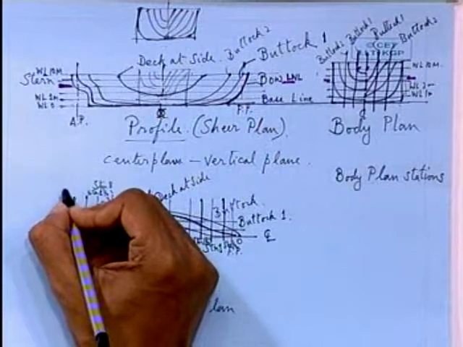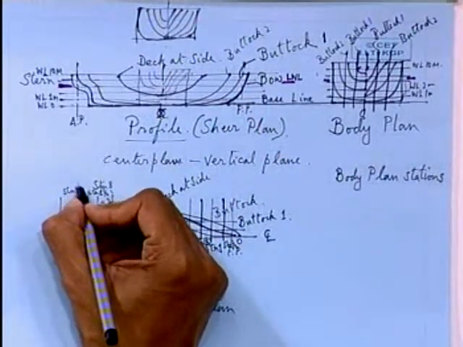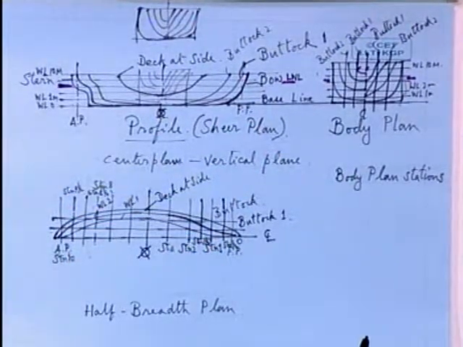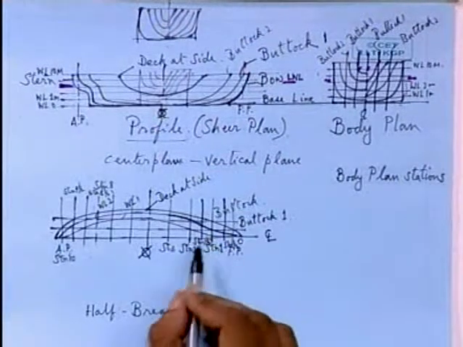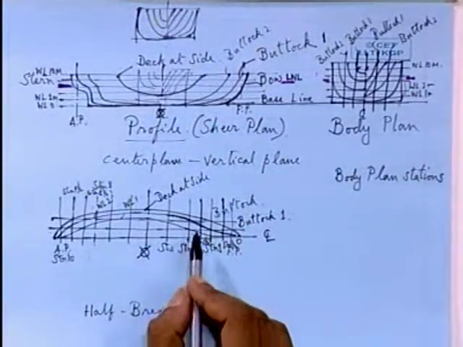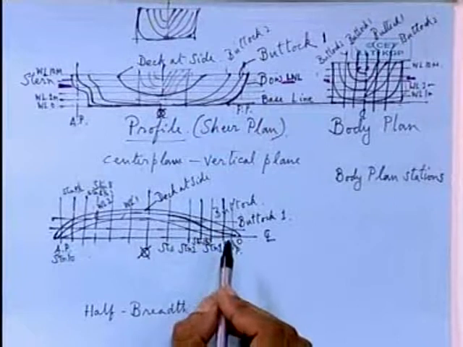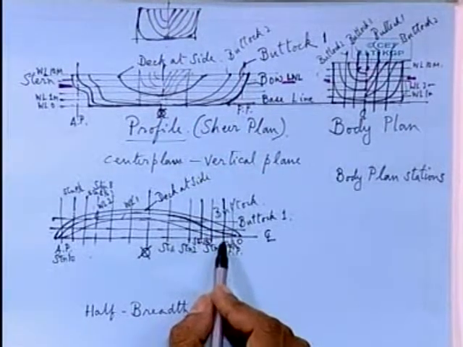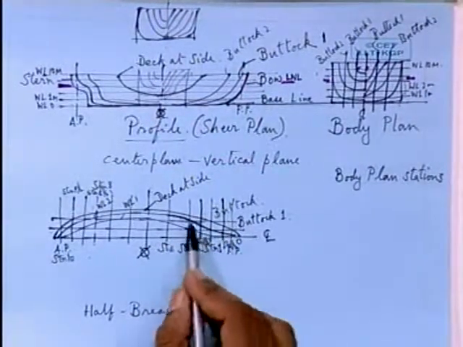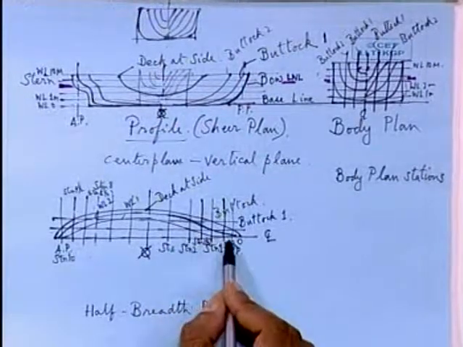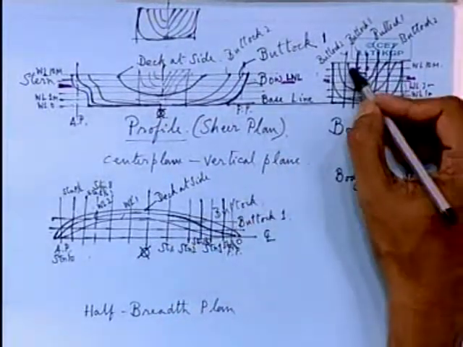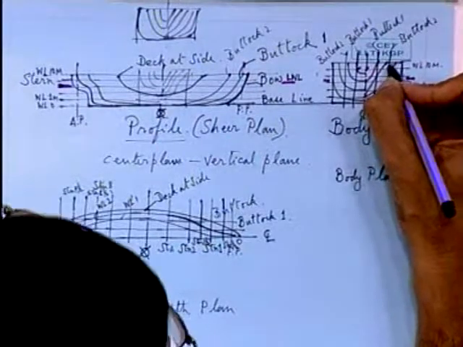This may be station 9 half. So half stations are necessitated wherever there is a large change in the shape or curvature of the hull, and these again are to be depicted on the body plan. These half stations you have to draw on the body plan.